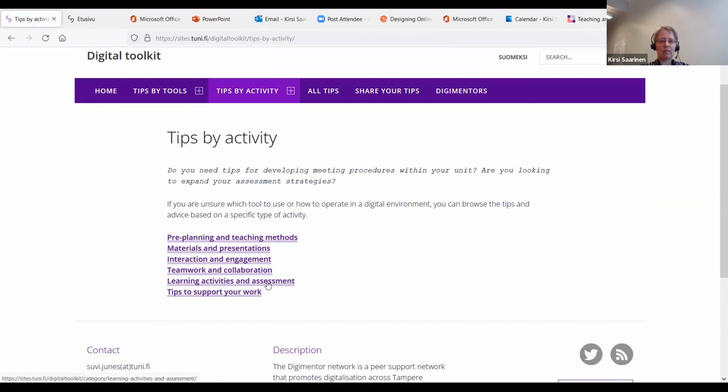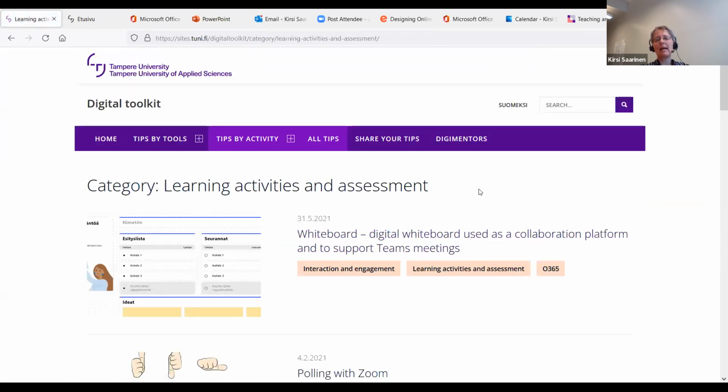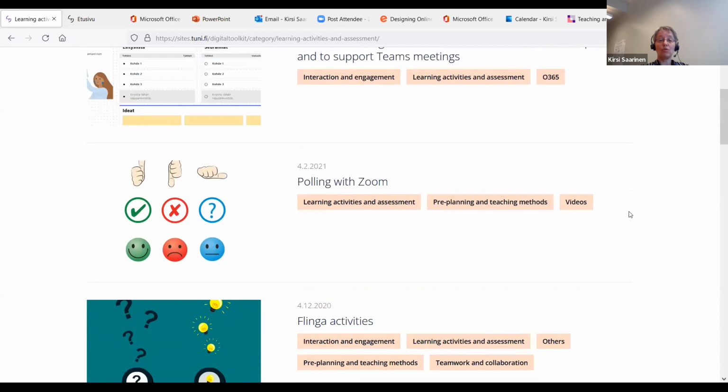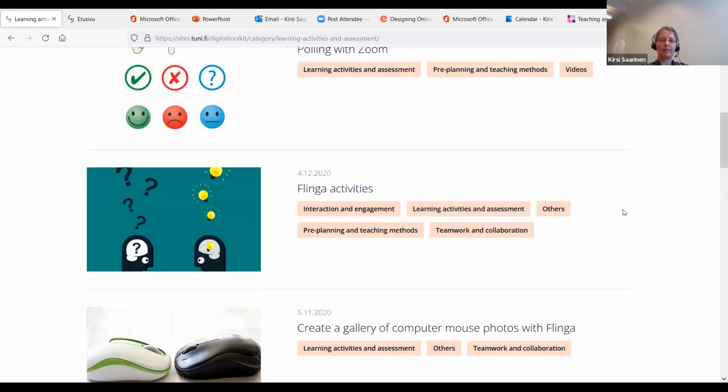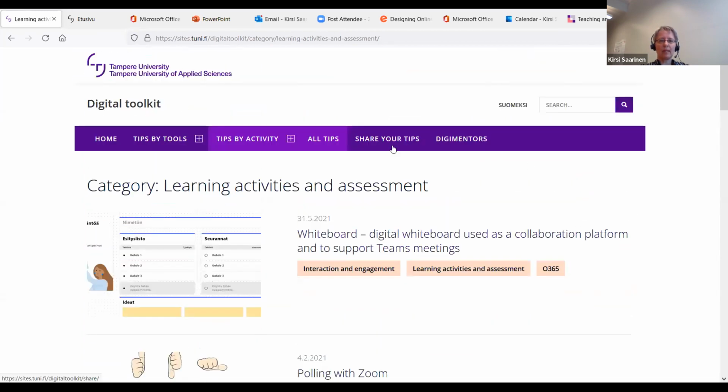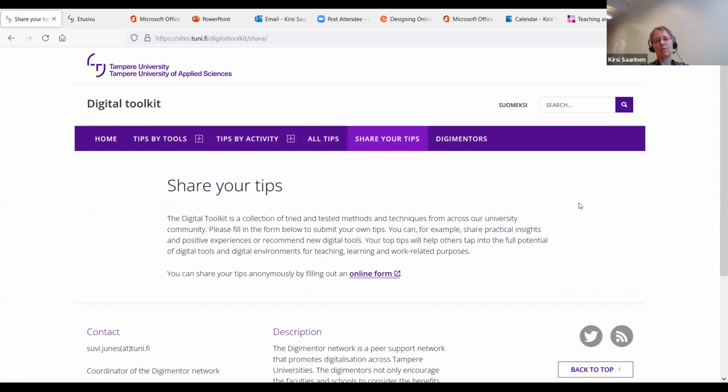And you can just click on learning activities and assessment, and it provides some tools, and you can check how you can use them, polling with Zoom and Plinga activities, and so on and so forth. And then the idea is also that if you have any tips you would like to share with others, you can add them here. And then a list of Digimentors is given, of course, so that teachers can find the one if they don't know who those are.